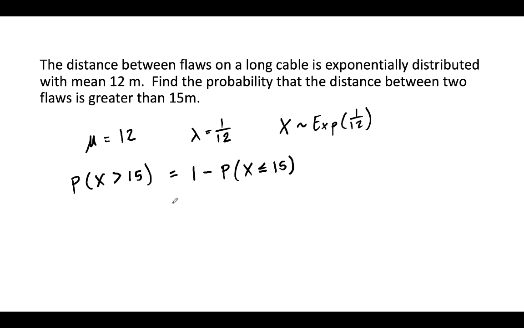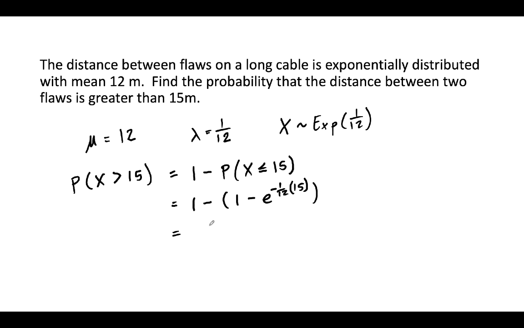Okay, so using the equations, we'll get 1 minus (1 minus e to the negative 1/12 times x), where little x in this case is 15.